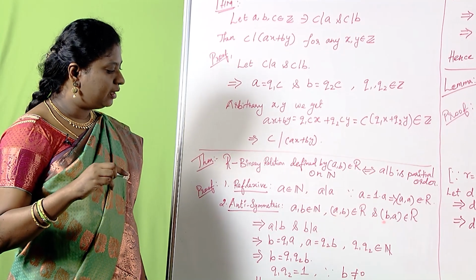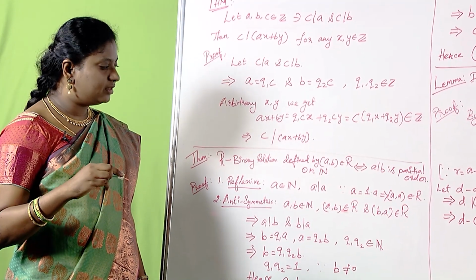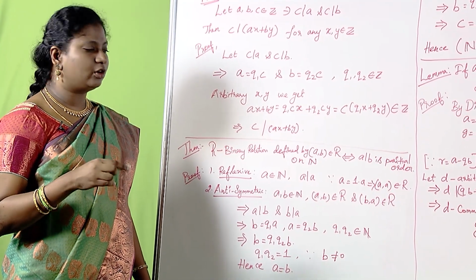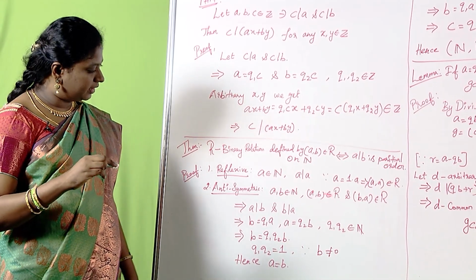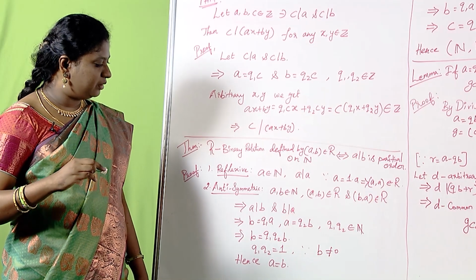Similarly, when B divides A, B should not be equal to 0. Keep in your mind that B is not equal to 0 because we are talking about divisibility. Now, listen, from here we obtain A divides B, and from here we have B divides A.